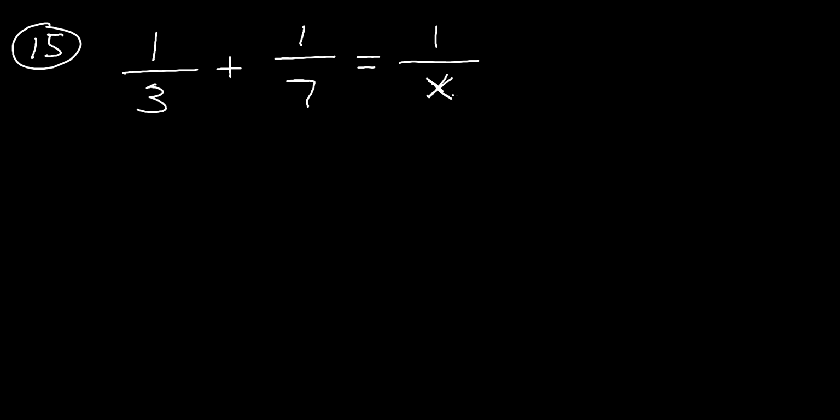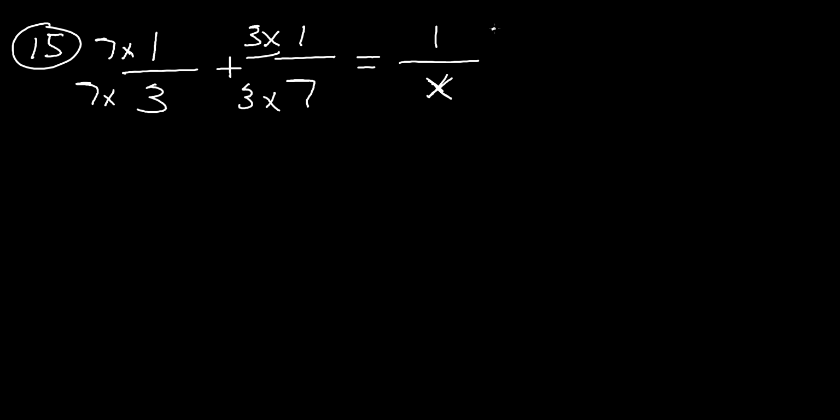So same concept. I want to get the denominators to be the same, right? So that means I'm looking for 21x in each of them. And let's see, I'd multiply this by 7x over 7x, top and bottom. The middle one I'd multiply by 3x over 3x. That'll get me my 21x in the denominator.